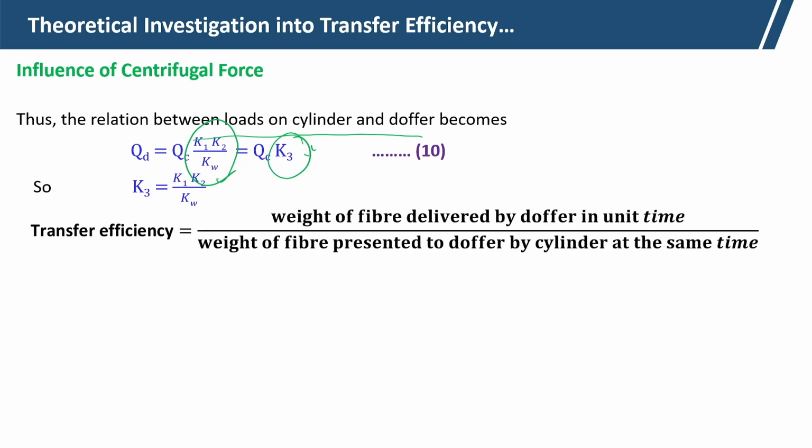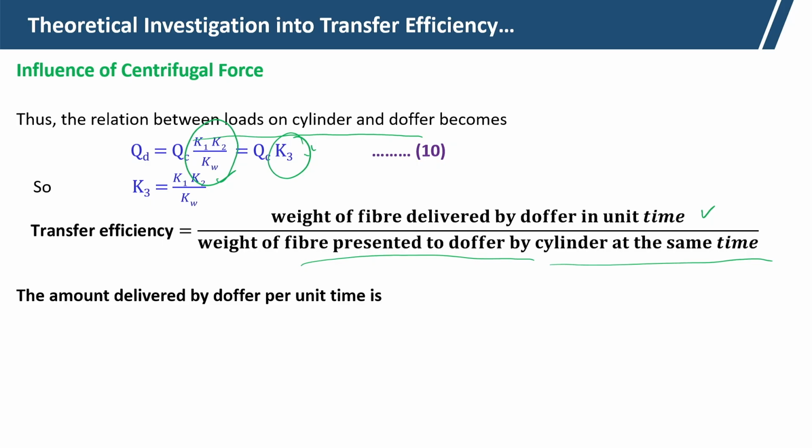The total transfer efficiency is the weight of the fiber delivered by the doffer in unit time divided by the weight of the fiber presented to the doffer at the same time. So, that is the transfer efficiency.